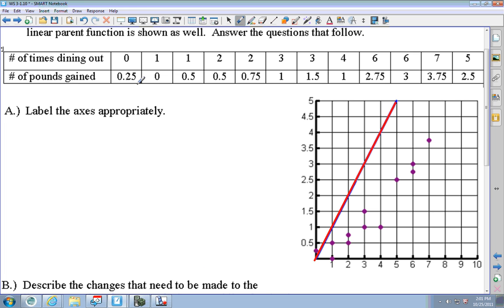So 0 is right here, and then I've got like 1 and 0. So this right here, down at the bottom, must be the number of times dining out. And the Y right here is the number of pounds gained.